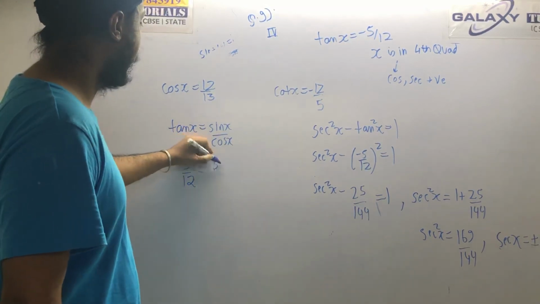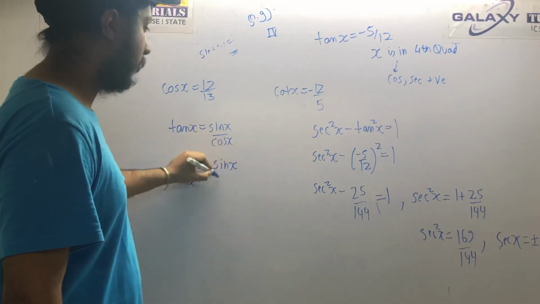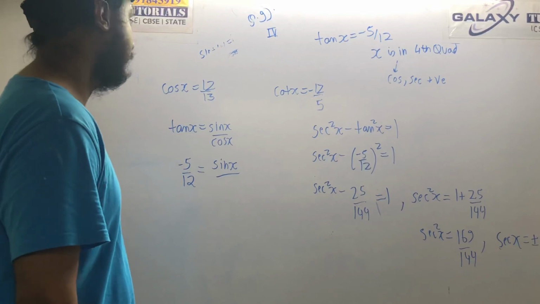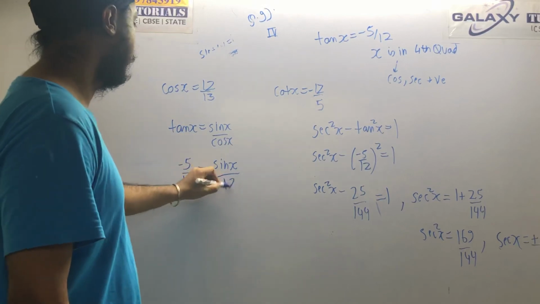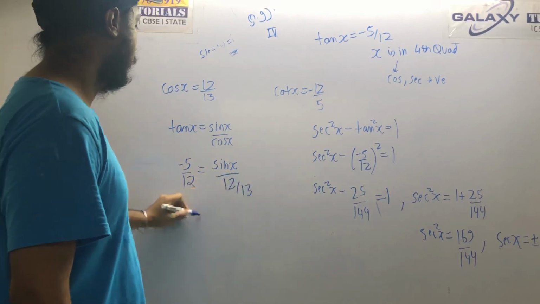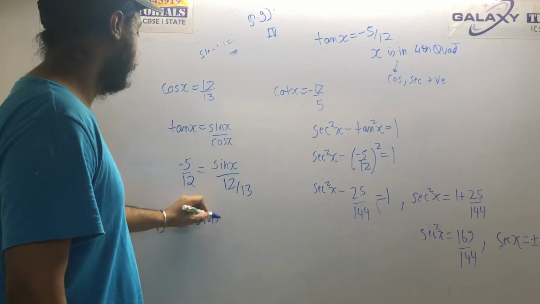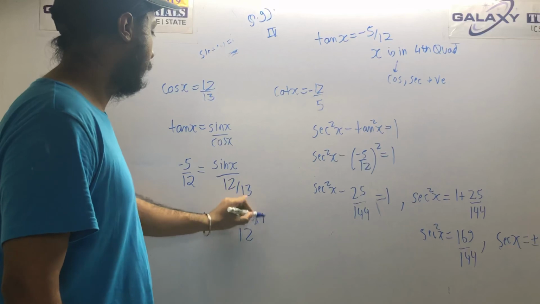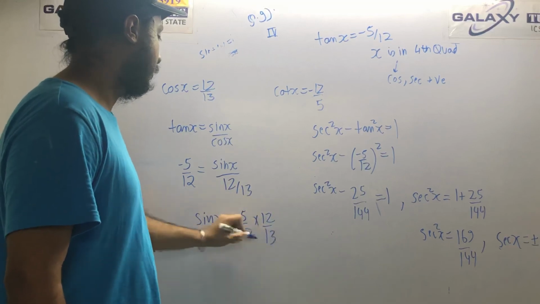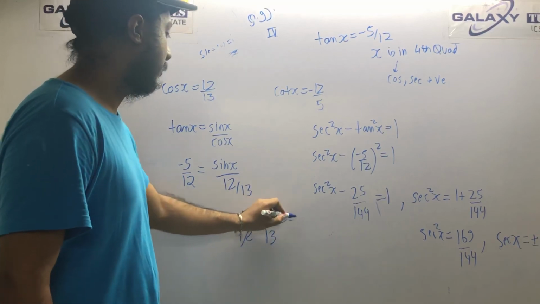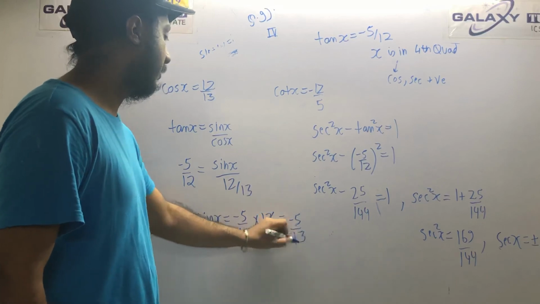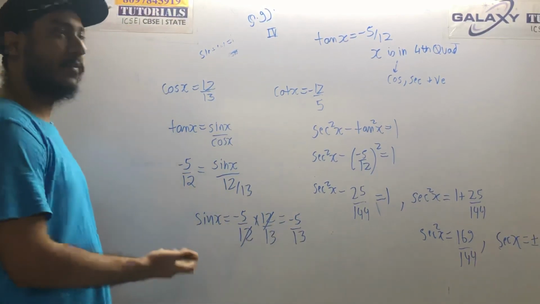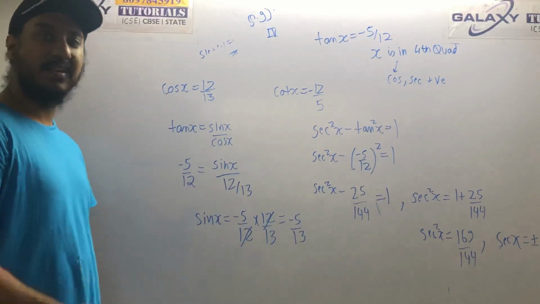You don't know, so you will write it as it is, upon cos x, which is 12 by 13. So sin x is minus 5 by 12 into 12 by 13. 12 cancel, minus 5 by 13 will be the answer. And you can see it is automatically coming negative. Why? Because in the fourth quadrant sine is negative.